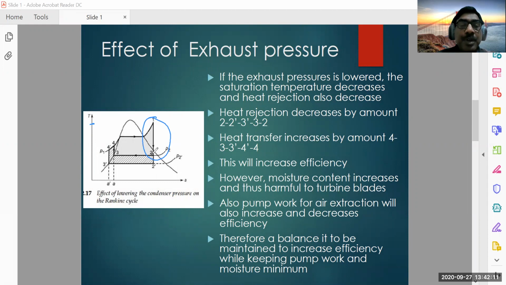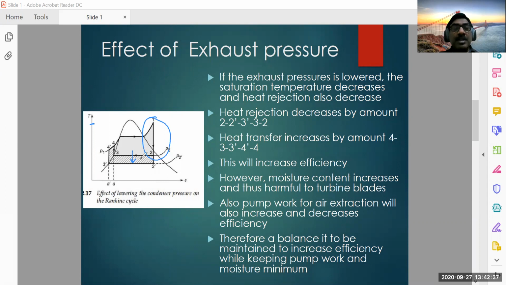So if you are decreasing the exhaust pressure, then what will be the effect? Now see, this hatched area between 2, 2 dash, 3 dash, and 3 is the amount of heat that is saved.